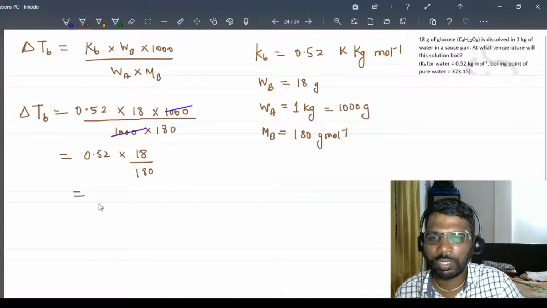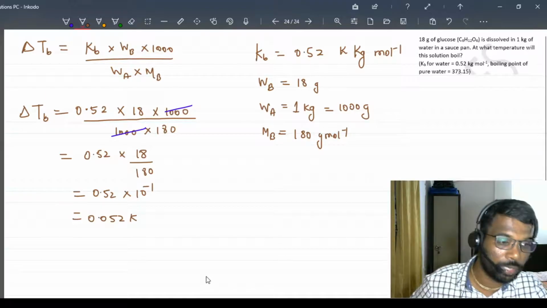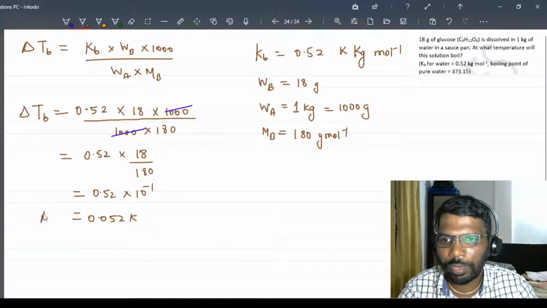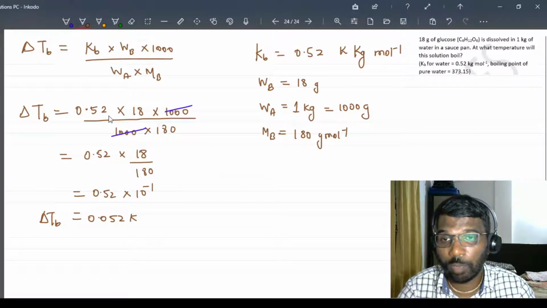So if you do this calculation, 0.52 into 10 raised to minus 1, that is 0.052 Kelvin. This is the elevation in the boiling point, delta TB, by adding a small amount of the solute. Now think about the units.